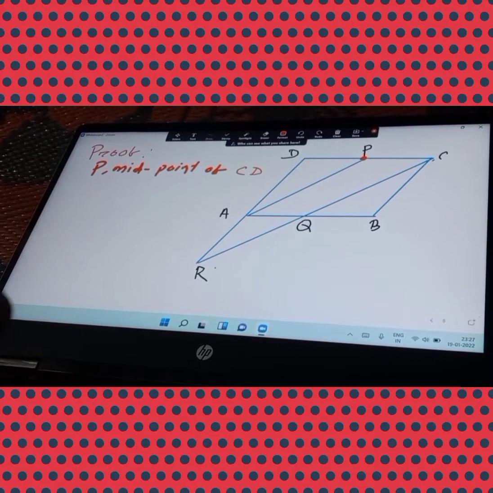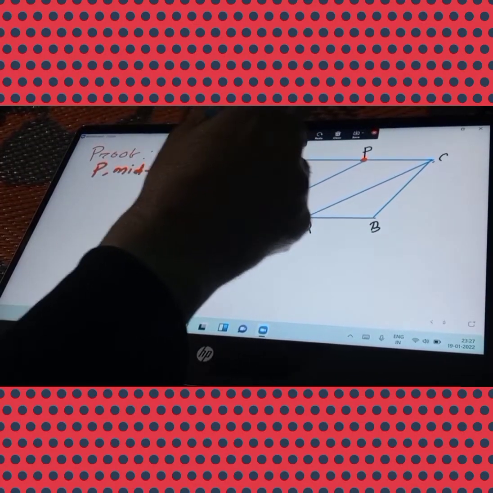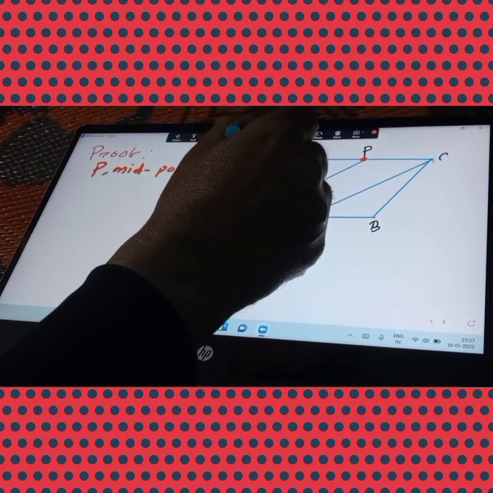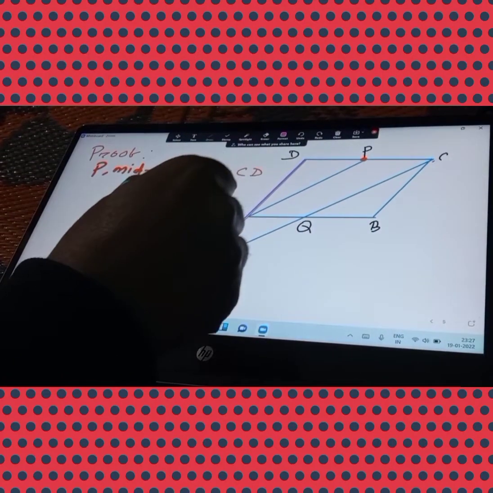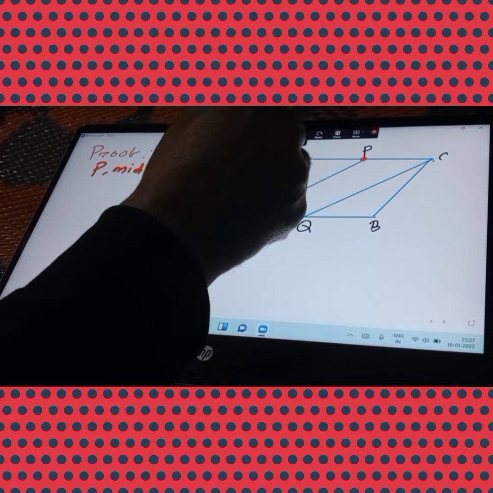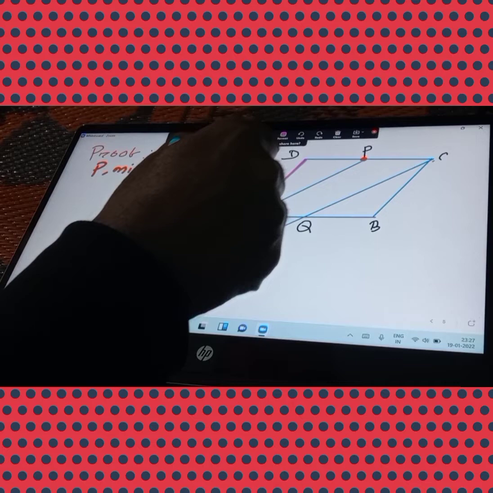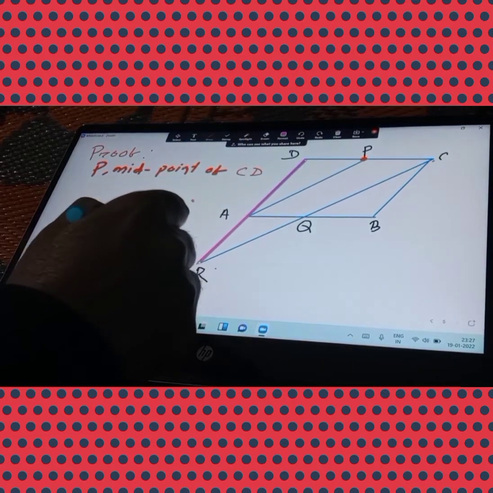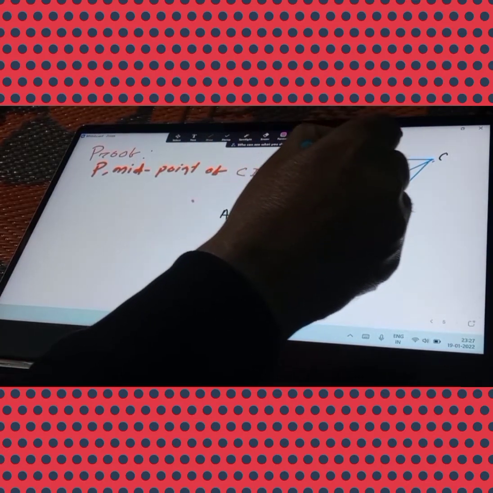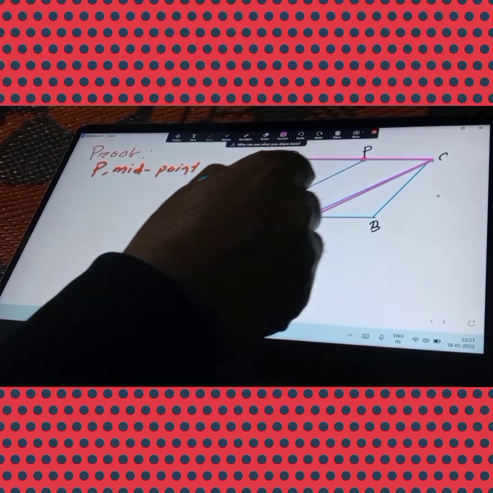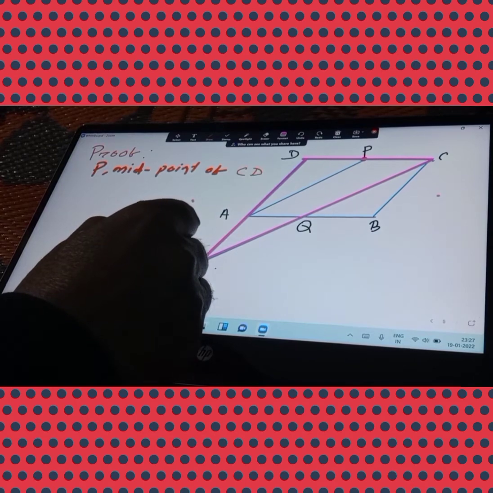Okay, students, can you see one thing here? Look at DR. You see now, in the triangle CDR.